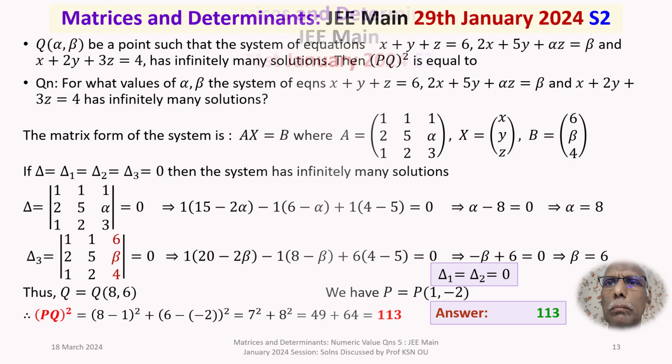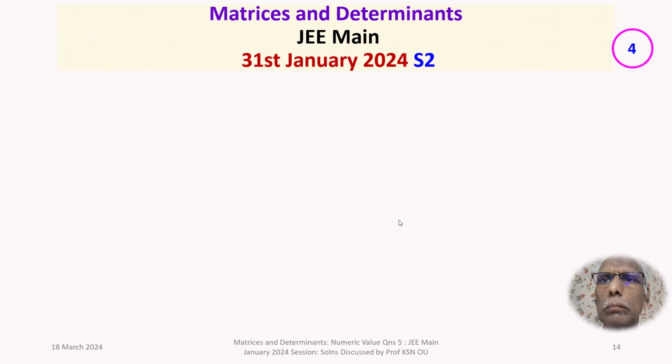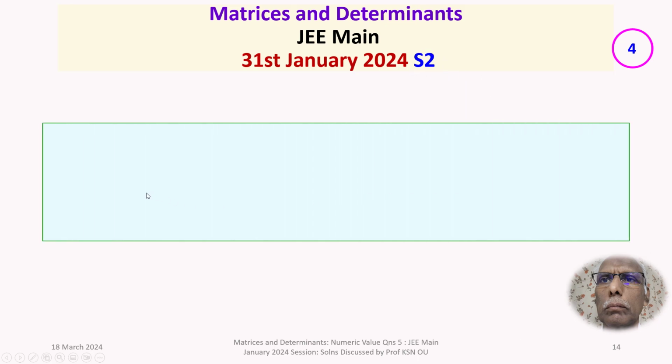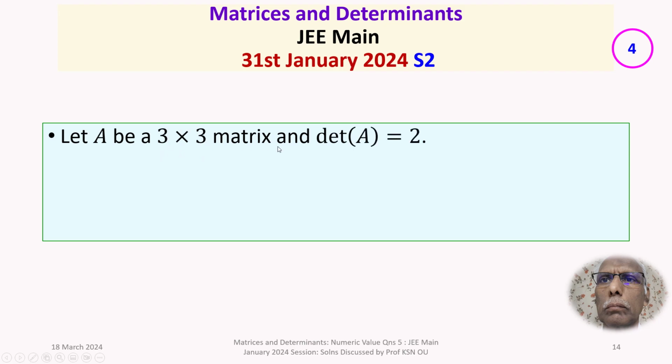the next question. Question number 4. This question has appeared in the JEE Main Examination held on 31st January 2024 in the second shift. The given question is, let A be a 3 by 3 matrix and the determinant of A is 2.